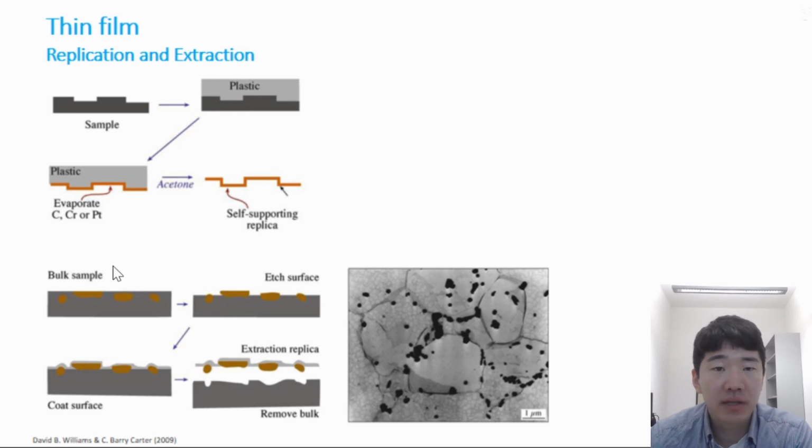You can also spray acetone on the plastic, and the surface to be replicated is in contact with acetone before pressing a plastic onto the surface. The plastic is removed from the surface when it is hardened, and copper, chrome or platinum film is evaporated onto the replicated plastic surface. Alternatively, we can directly make a carbon replica of a metal surface.